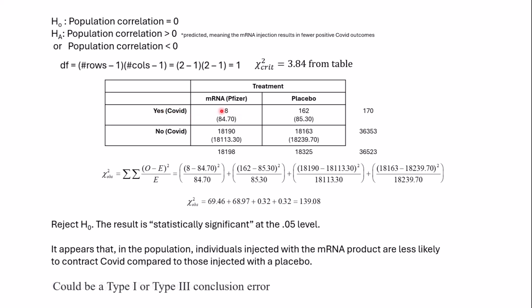Notice we're in the COVID row here, contracting COVID if they took the mRNA injection rather than the placebo. So the data are in the right direction. So if this is significant, we're going to reject the null and conclude that there is a positive association. The mRNA injection is resulting in fewer positive COVID outcomes. If you've read the rest of the slide, you're going to see we're going to be concluding that. But let's work through the computations here.